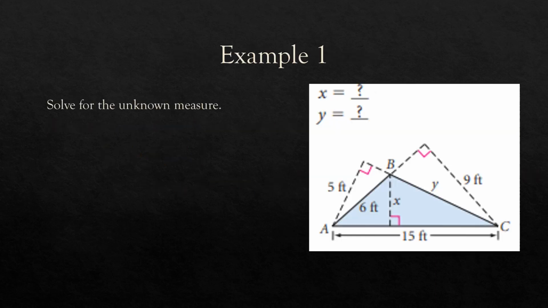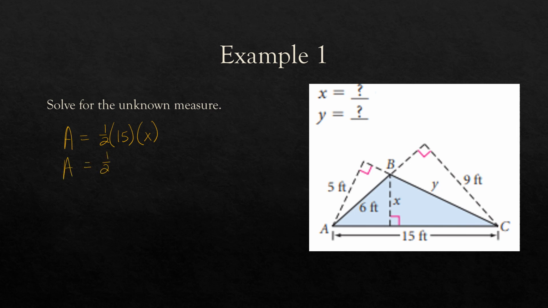Let's do an example. How do we solve for x and y in this picture? I'm going to start by looking at areas. If I take the base of this triangle as 15, the area of the triangle is 1/2 times 15 times the height, which would be x. How else could I take the area of this triangle?